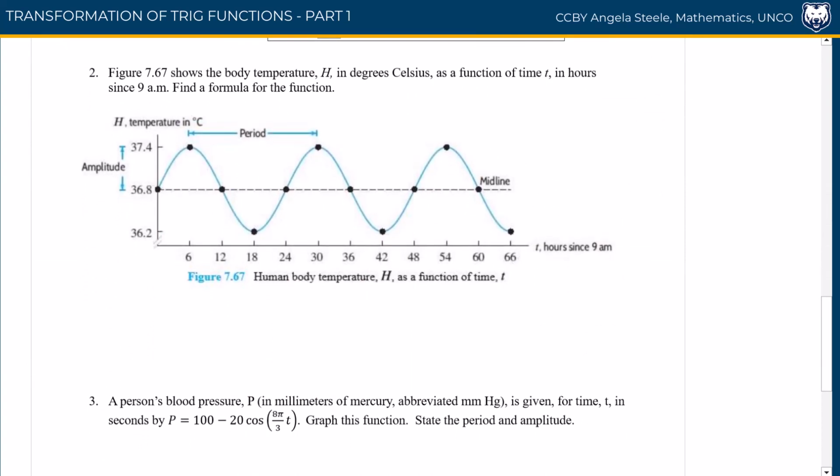So take a second and look at this function, and I want you to start to think about identifying the amplitude, the period, and the midline. So go ahead and pause the video while you do that.